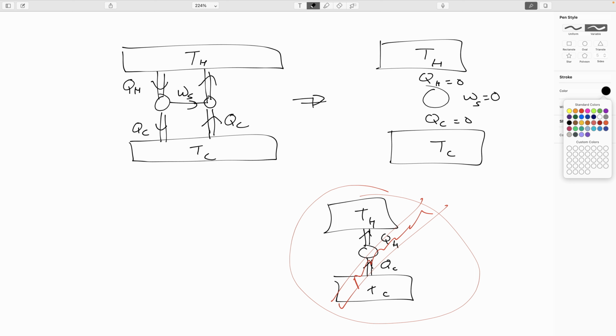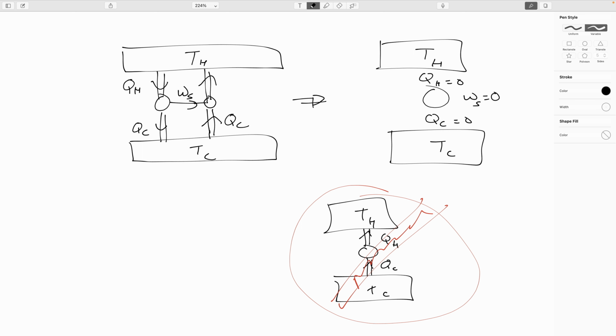Now, as a practical matter, we're not even going to be able to do as well as a perfectly reversible engine. Why is that? That's because a perfectly reversible engine is one you can actually draw on a PV diagram. It would follow the quasi-static process assumption. This would mean that it would take literally forever to run a cycle.